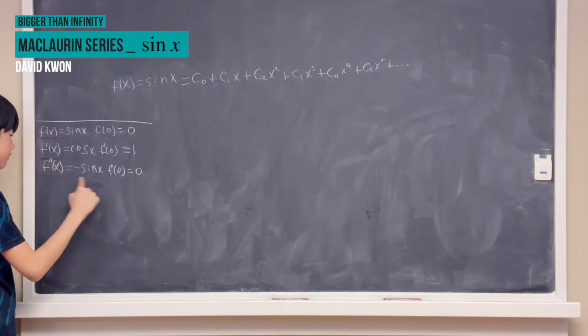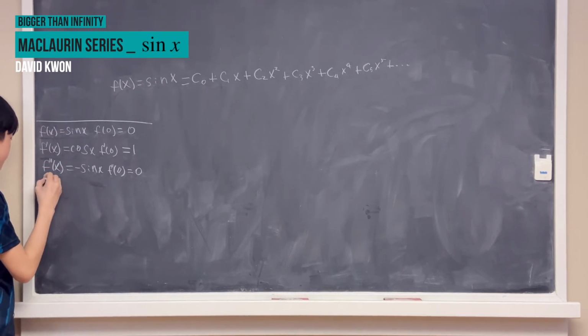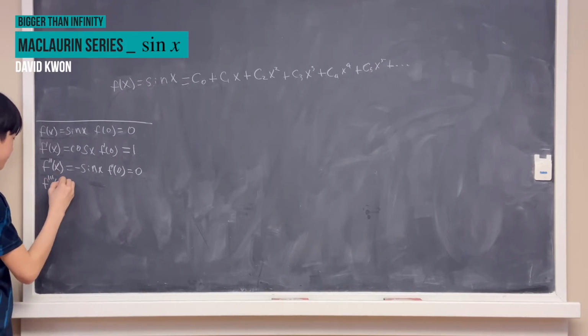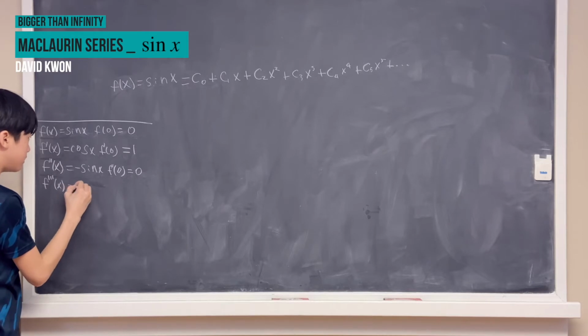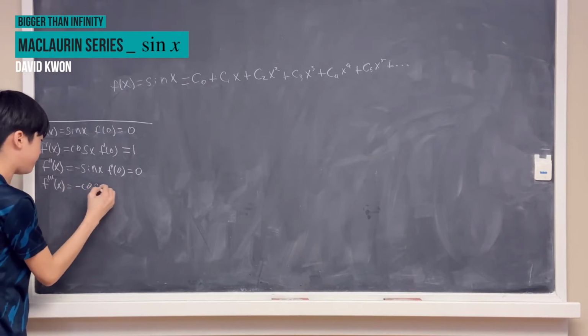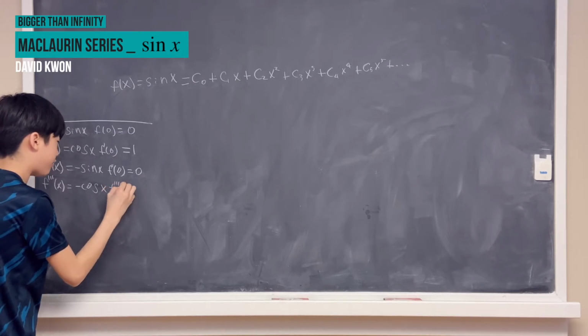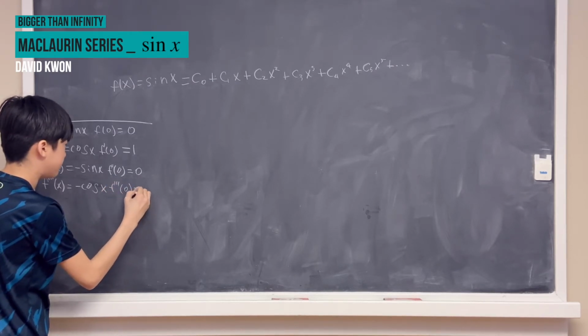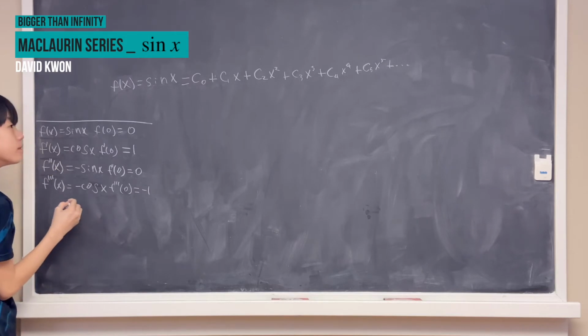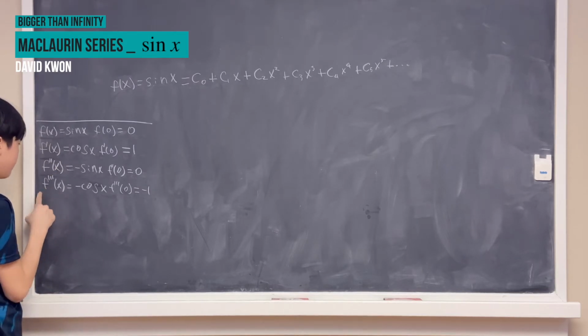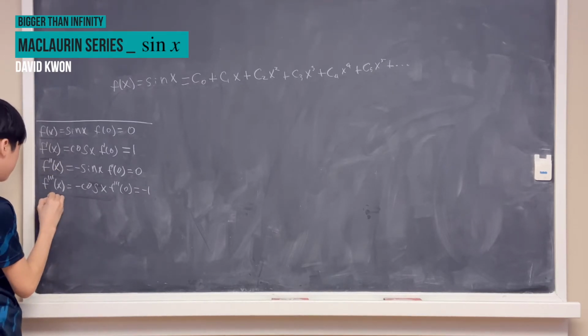Then we differentiate again, so we get f triple prime x is equal to negative cosine x. So f triple prime 0 would be negative 1.